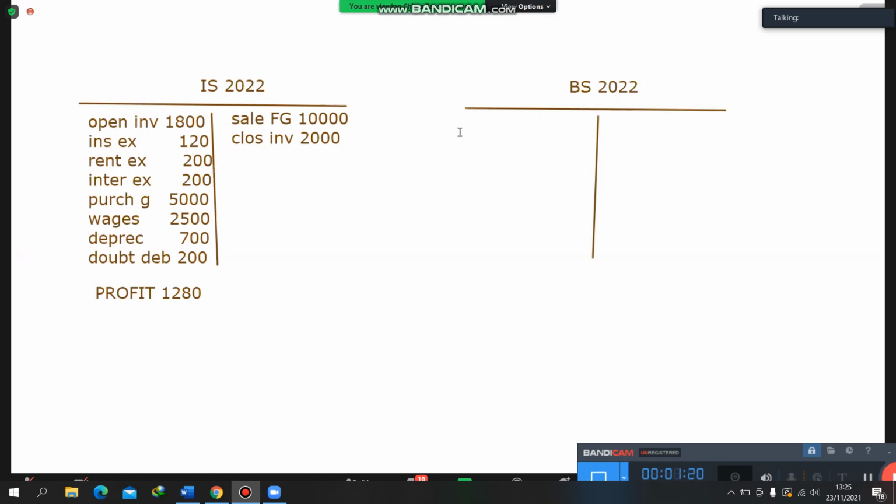Okay, so final balance sheet. Here we transfer all other accounts. So the cash account will be 11,520. Then we have the bank account presenting 1,500.